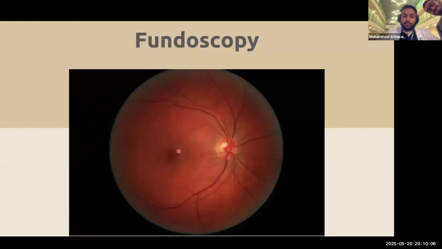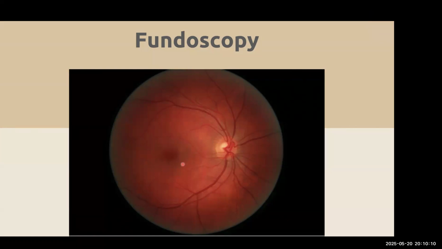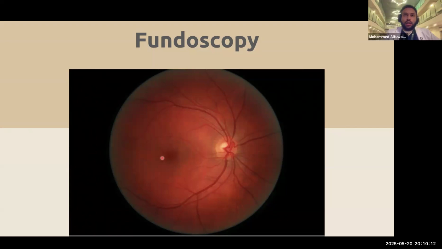The macula. Macula, good. So the macula has the highest concentration of the cones and rods, the photoreceptors. Most of your vision, the axis of your vision, goes to the macula. Now, the macula has a spot over here called the fovea.